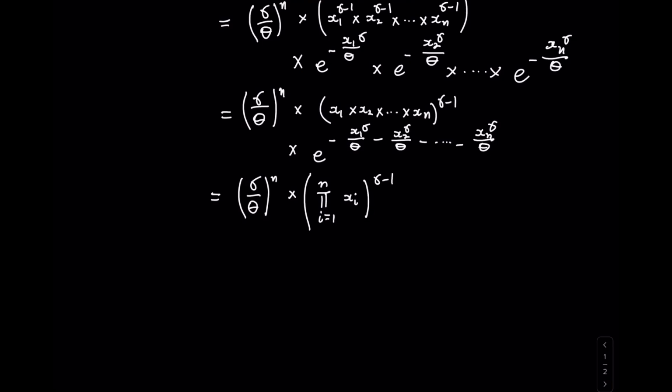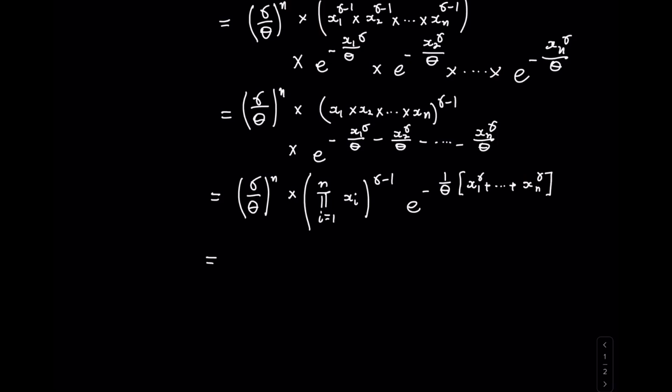And then here our exponential terms, we can take out a common factor of negative 1 over theta. So e to the negative 1 over theta, and now we've got x1 to the gamma plus dot dot dot all the way to plus xn to the gamma here.